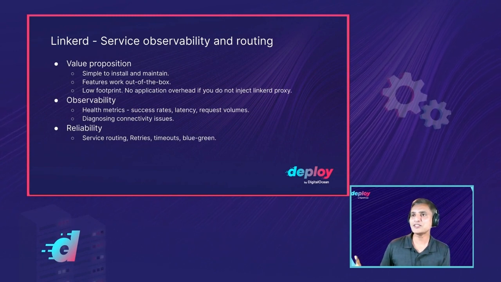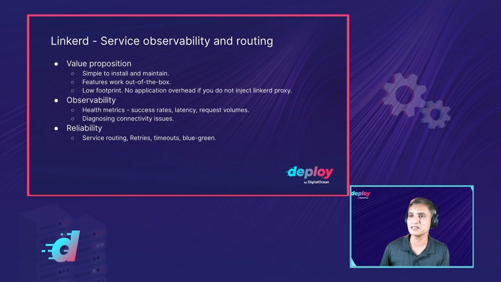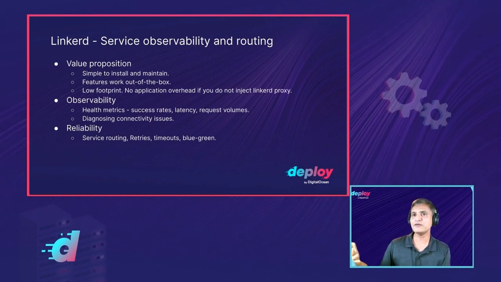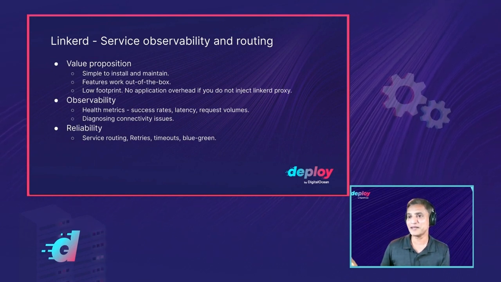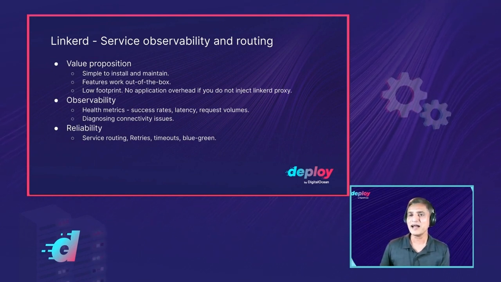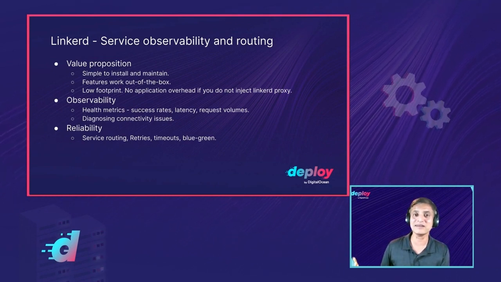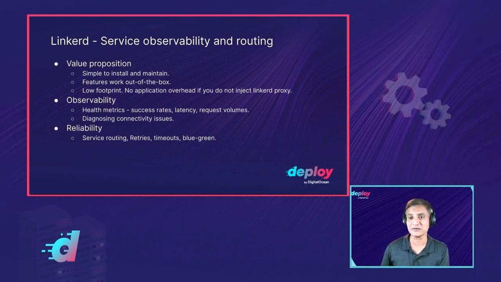The next one is advanced observability. Many of you would have heard about the 4 golden signals for service monitoring, and these are like health metrics. Linkerd enables you to do advanced observability and monitoring for the services. And by collecting the data, it also enables you to diagnose issues with the services which are really difficult to diagnose.